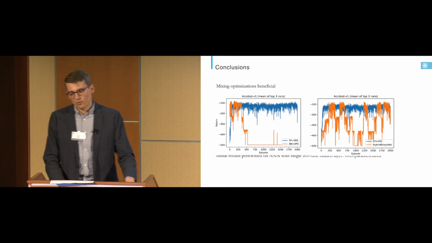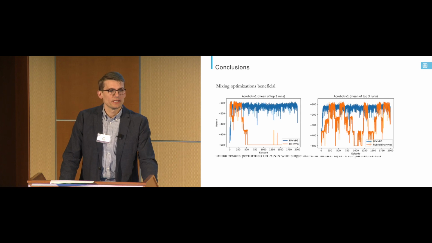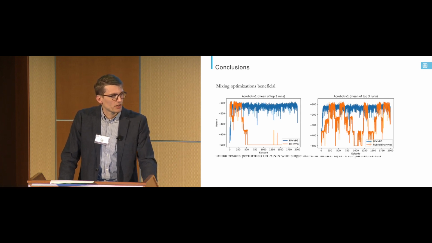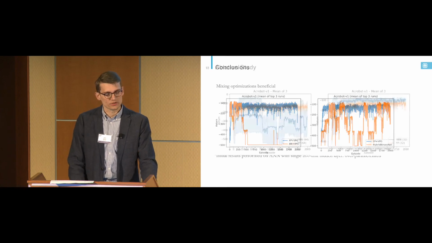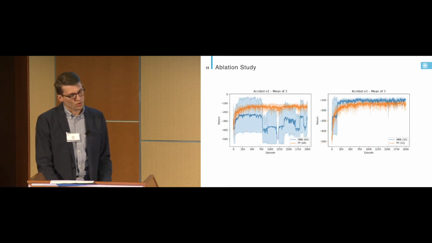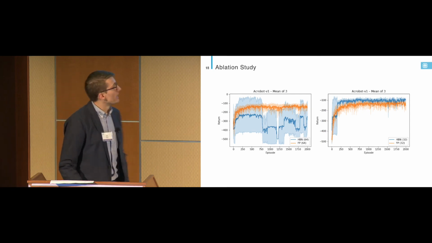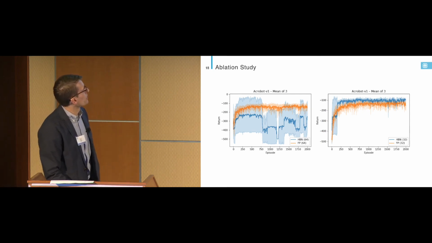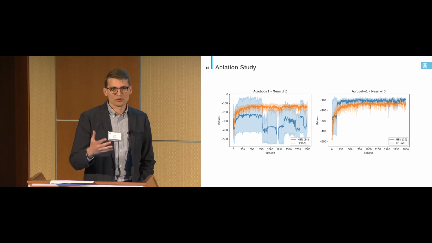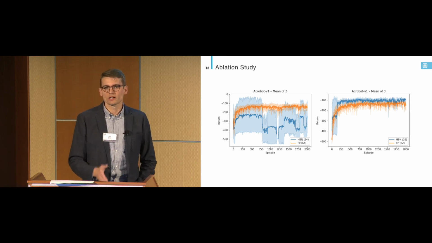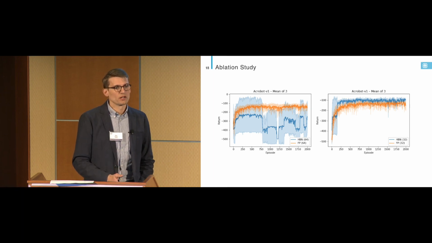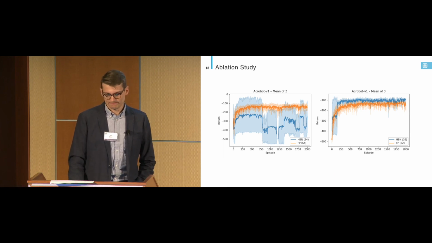One of the issues with this early study is that we used a large number of hidden units for these tasks. These control systems tasks don't need anywhere near 200 hidden units to solve. And so we also performed an ablation study. In this case, HBN is the hybrid method that I just talked about, where the weights in the first layer are quantized to be -1 and 1, and the output layer is full precision.